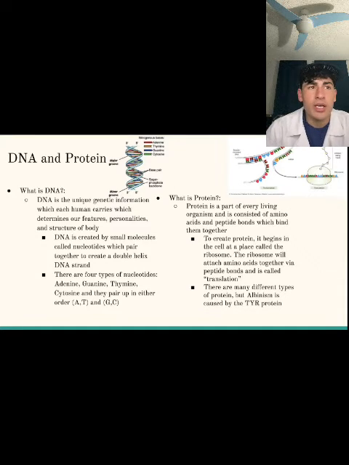And these nucleotides are just tiny molecules, and there are four of them called adenine, guanine, thymine, and cytosine, and they base together with A-T and G-C. And there's also proteins, which are created by amino acids and peptide bonds, and these are created in the ribosome. And there are so many different types of proteins, but in albinism, the protein called TYR is affected.